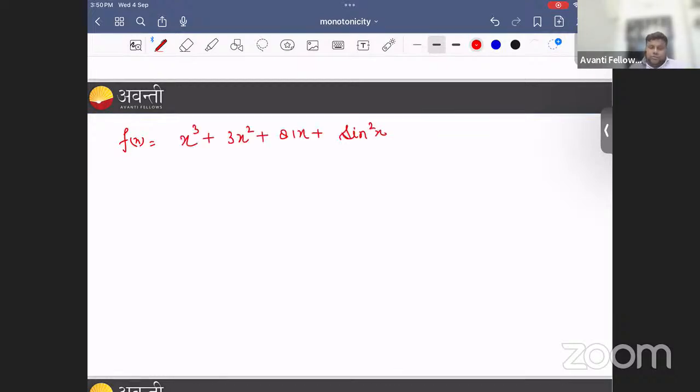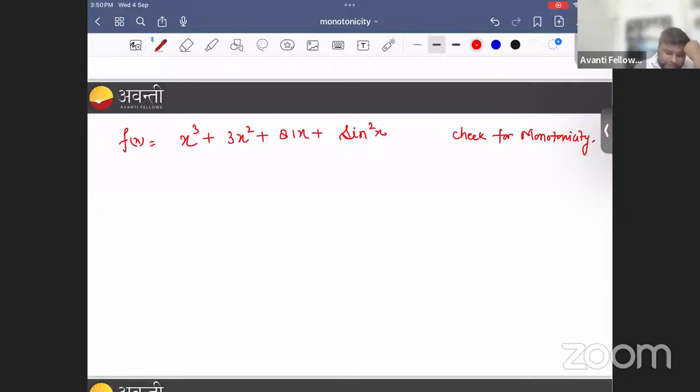Check for monotonicity, if the function is increasing or decreasing.